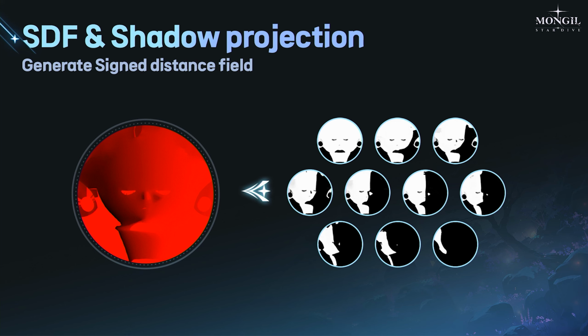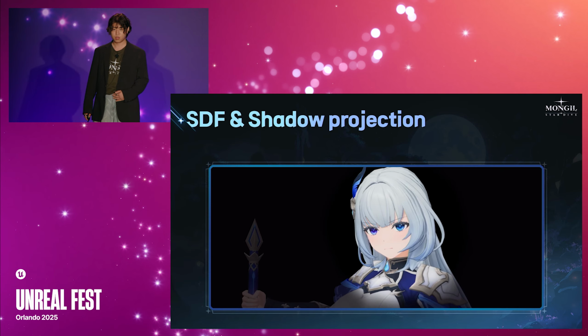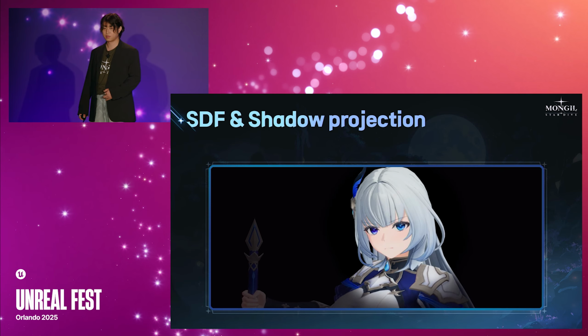Then we compress this data into a single texture, similar to how a height map works. Then by reading and projecting the shadow intensity based on the face normal and light direction, we are able to achieve smooth and stylized SDF-based facial shadows. So the result looks like this.